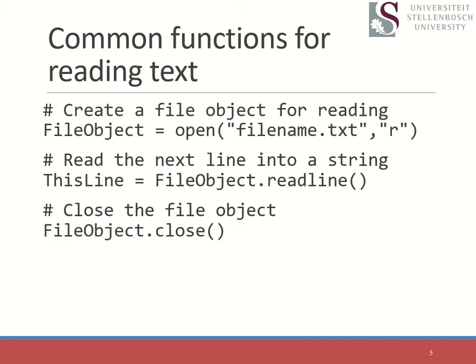So the file object, being an object representing that particular file, can have the readline method applied on it, which will return a string, which we then dump into a variable called thisLine. That represents a way that we can grab information one line at a time off of the file.